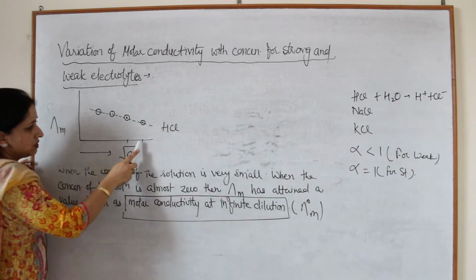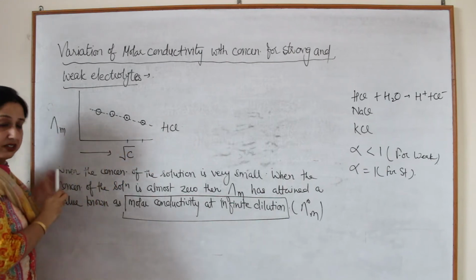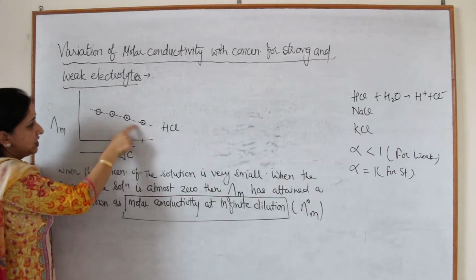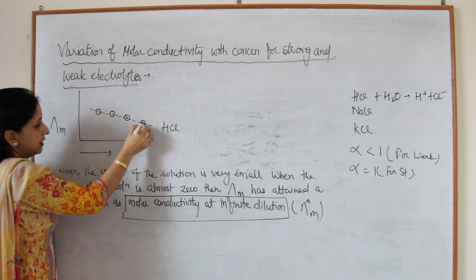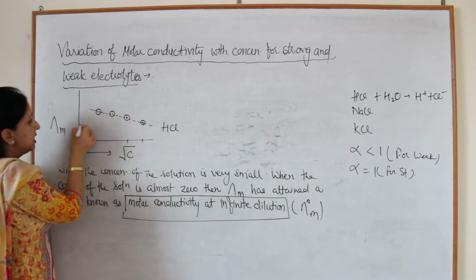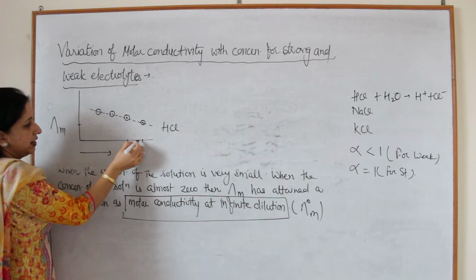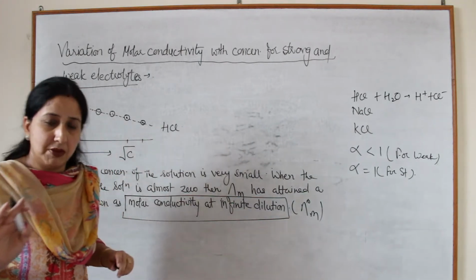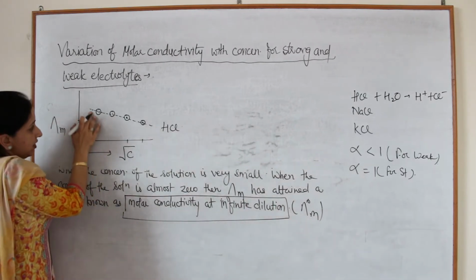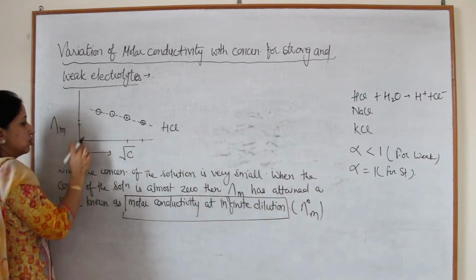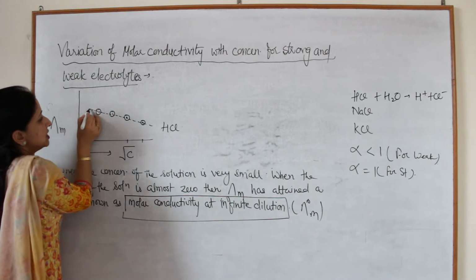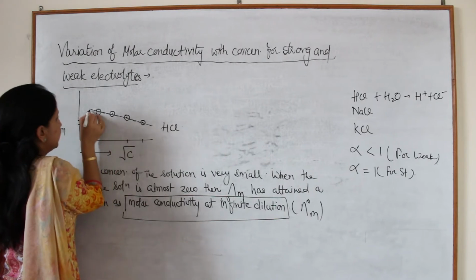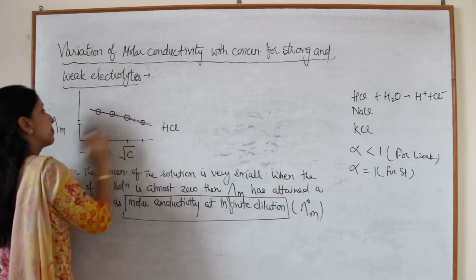When we are continuously decreasing the concentration, its value goes on increasing, but the variation is very small. At this concentration, lambda m has this value, and if we decrease the concentration, lambda m increases by only a small amount. And if this concentration approaches zero, I will plot it as a straight line like this.